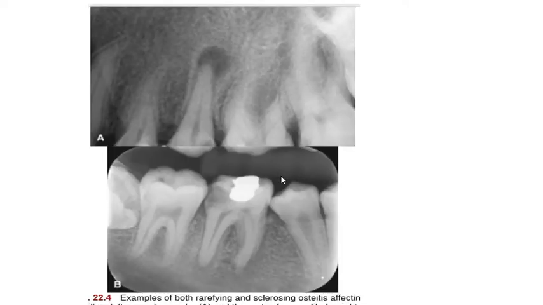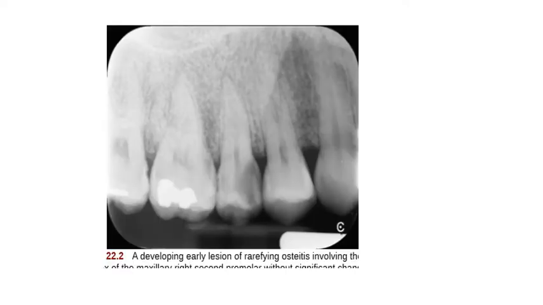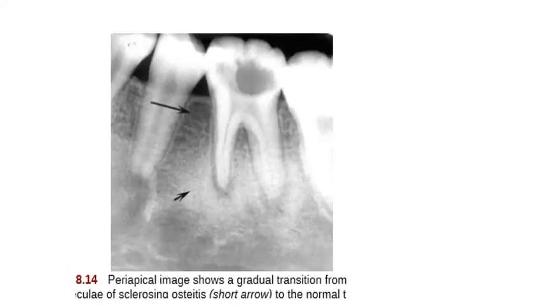In contrast, there are examples of sclerosing osteitis. This is used to refer to the inflammatory process in bone with bone deposition around a tooth root.